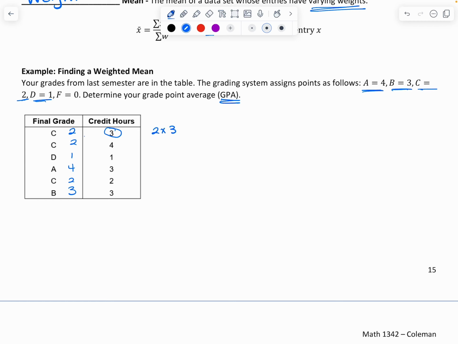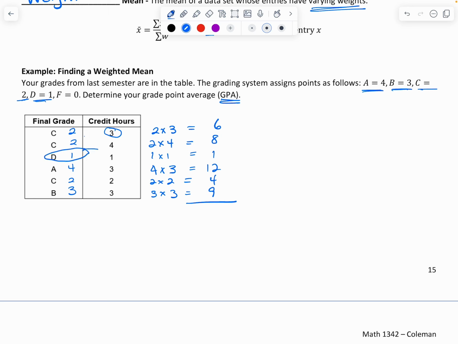So we're going to multiply 2 times 3, 2 times 4, 1 times 1, 4 times 3, 2 times 2, and 3 times 3 to get us the value points for your GPA. Not your GPA, but the value of your grades, those points. So 6, 8, 1, 12, 4, 9.